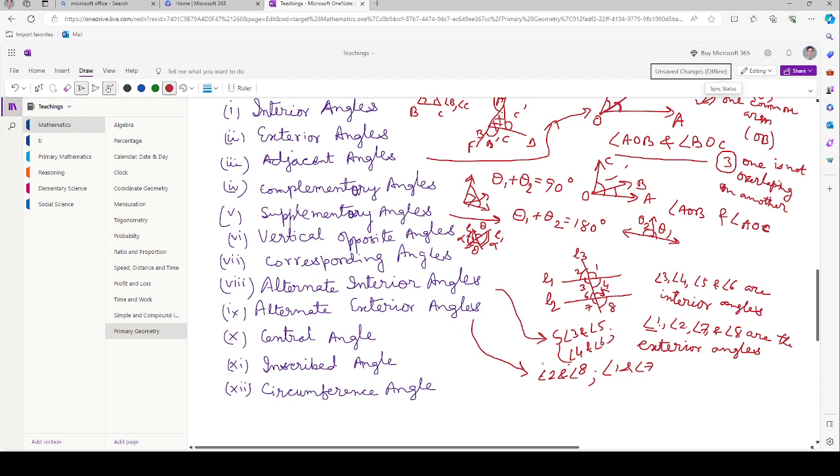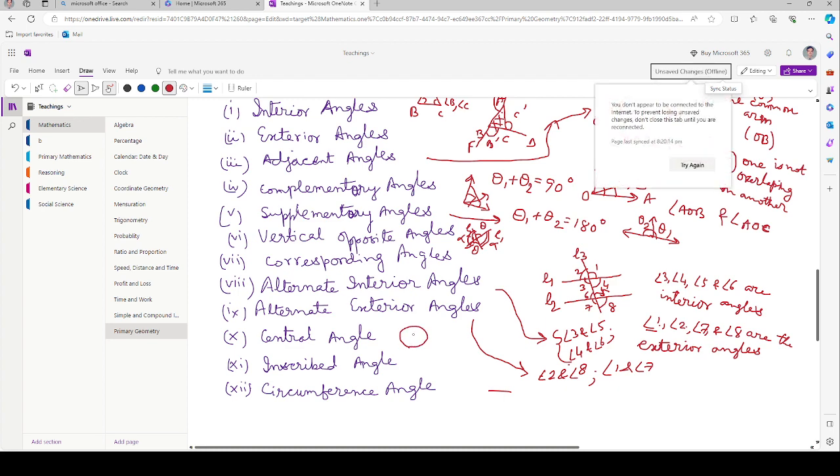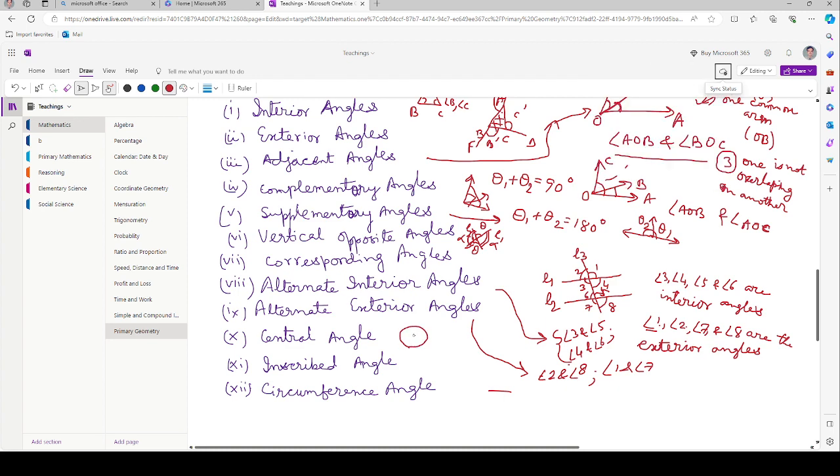Now come to the central angle. Which one is known as central angle? An angle whose vertex is the center of a circle with its sides intersecting the circle is known as central angle. So, to demonstrate central angle, I have to draw a circle and indicate the center point.